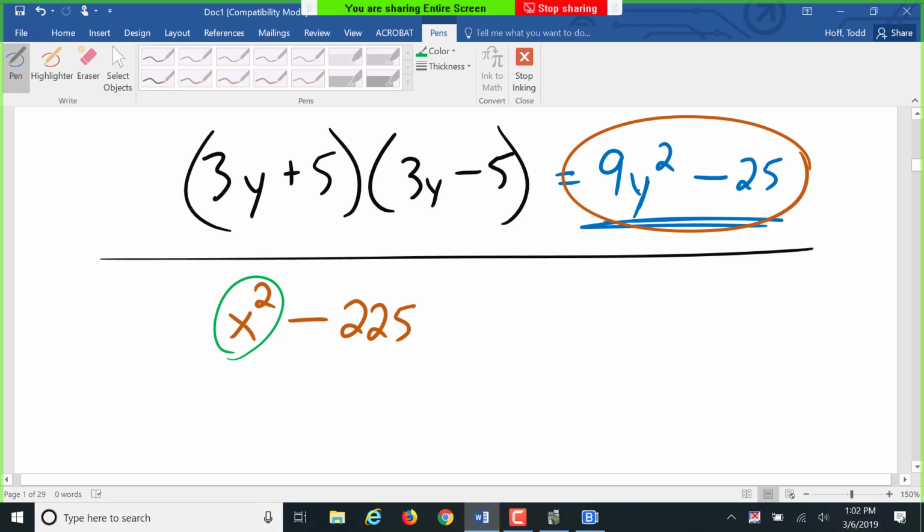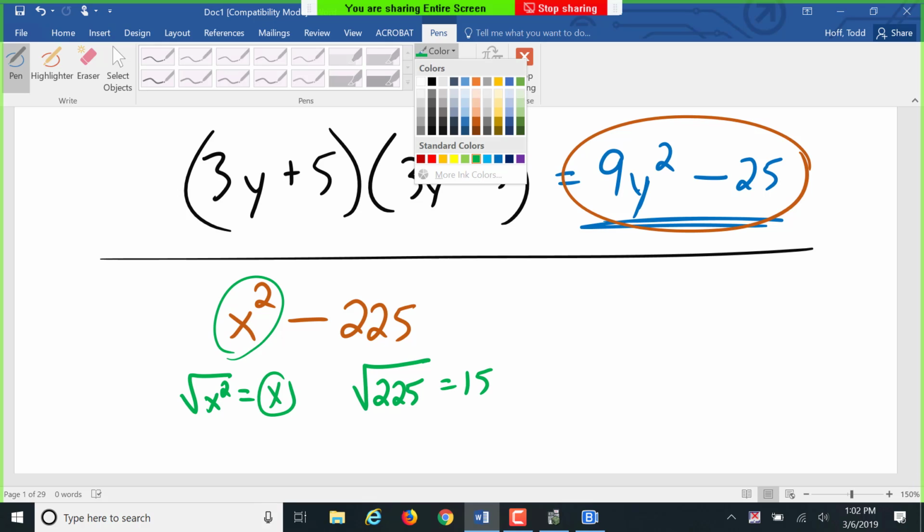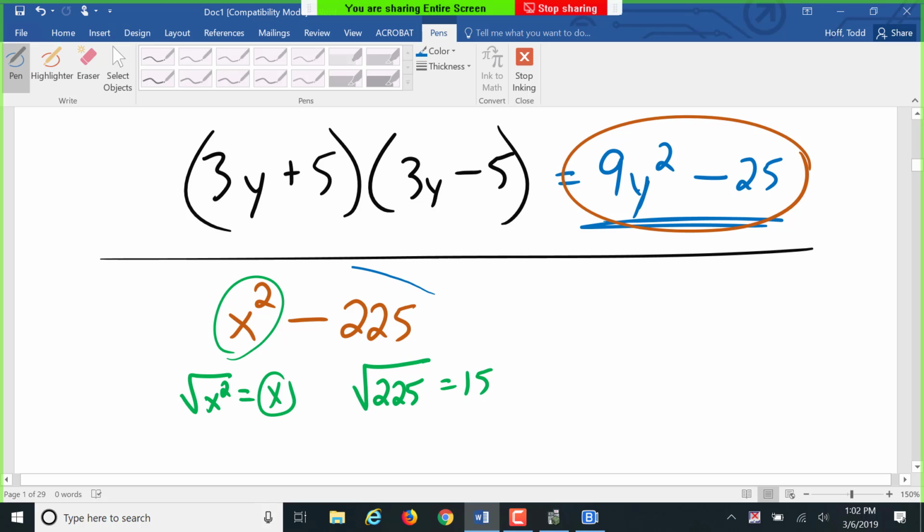The first term here, x squared, is that a perfect square? Yes. What is the square root of x squared? Just x. Is 225 a perfect square? Yeah, it's 15. So those are perfect squares. This is a difference of perfect squares.